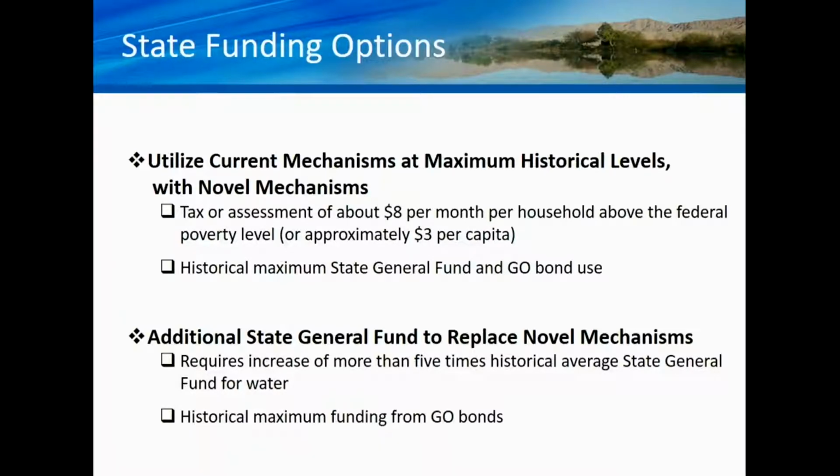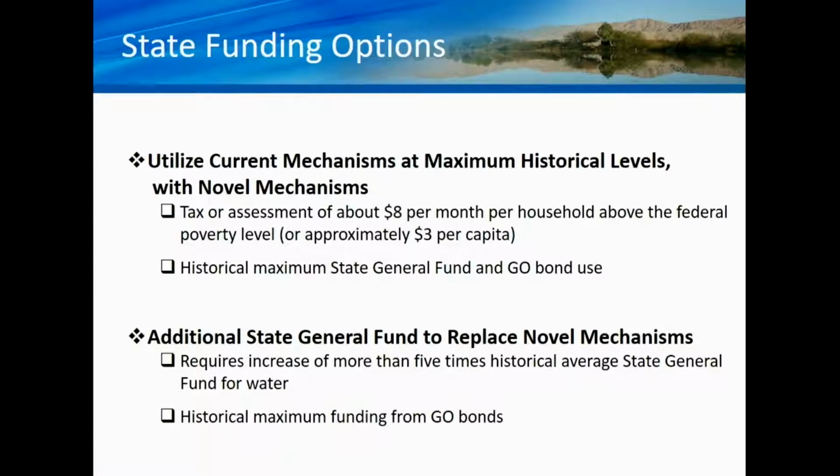But one of the things we call novel mechanisms. So we're saying keep all the current mechanisms at maximum historical levels, general fund, bond funds, and then novel mechanisms are things like fees and that kind of stuff, or a tax or assessment.